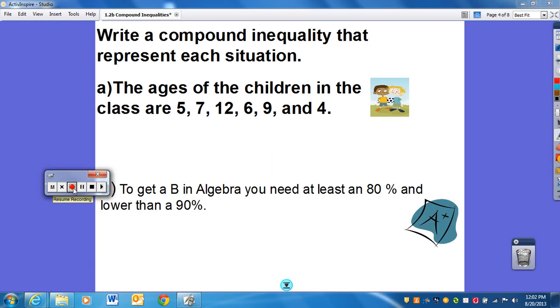If we take a situation and we want to write a compound inequality, we want to change the words into symbols. This is what it might look like. First example: the ages of the 12 children in the class range from 5, 7, 12, 6, 9, and 4. Notice I said the word range, so that's going to represent an "and" situation.